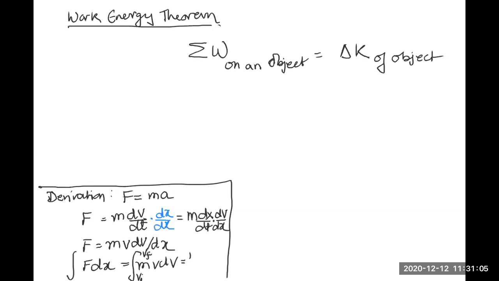So I get half mvf square minus half mvi square. Right.